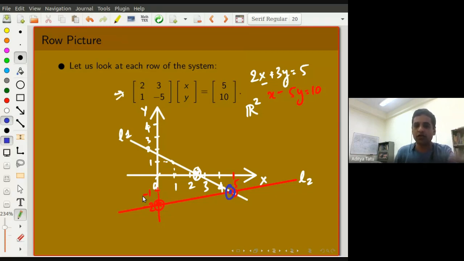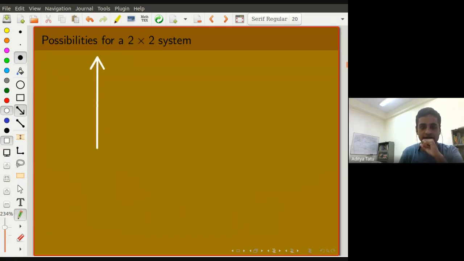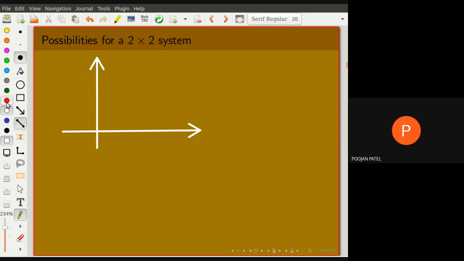So what are all the possibilities, as far as geometry is concerned, for two lines in R2? Is it always necessary that two lines in the xy plane intersect? No.